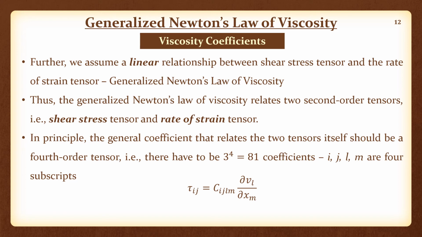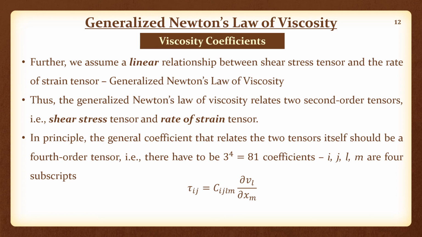However, in this particular discussion, we are confining ourselves to the generalized Newton's law of viscosity. Therefore, we are assuming a linear relationship between, on the one hand, the shear stress tensor, and on the other hand, the rate of strain tensor. Thus, the generalized Newton's law of viscosity relates two second order tensors: one shear stress tensor, one rate of strain tensor.